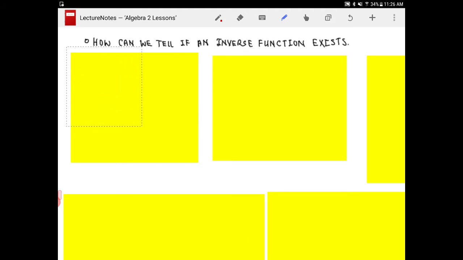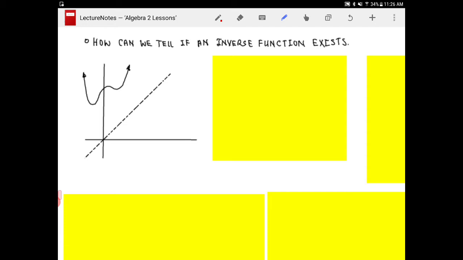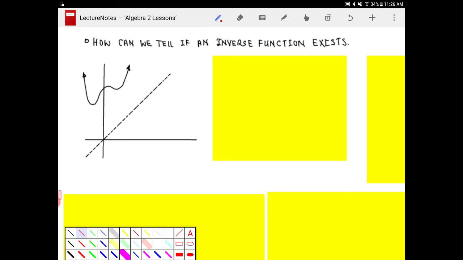So let's say we draw another random function here, and we reflect this over the line y equals x. I want to try, to the best of my ability, to draw this as a reflection. So it will look something like this. That's the best of my abilities, okay?